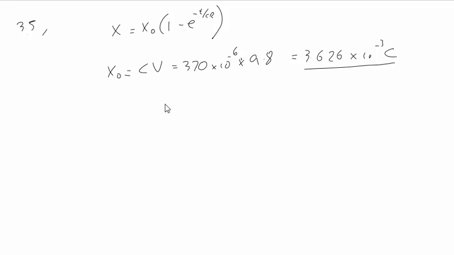Then we want to know when it's 3 millicoulombs, and the maximum will be 3.626 millicoulombs. So then, using this equation again, we have 3 times 10 to the minus 3 is equal to 3.626 times 10 to the minus 3 times 1 minus e to the minus t over CR.